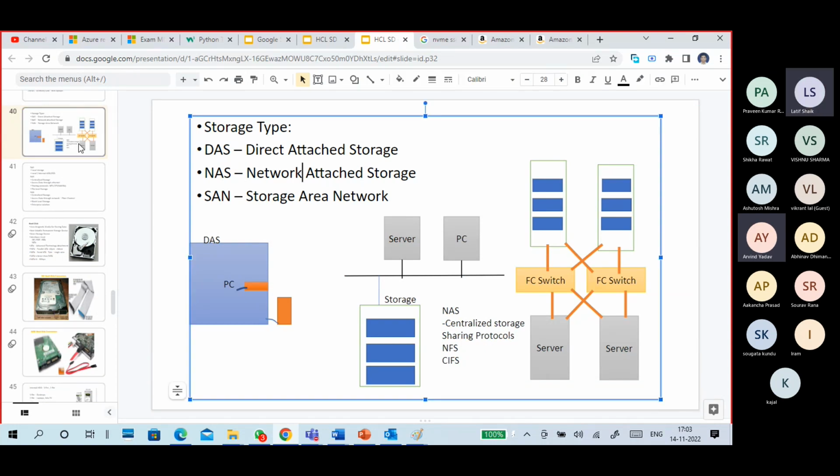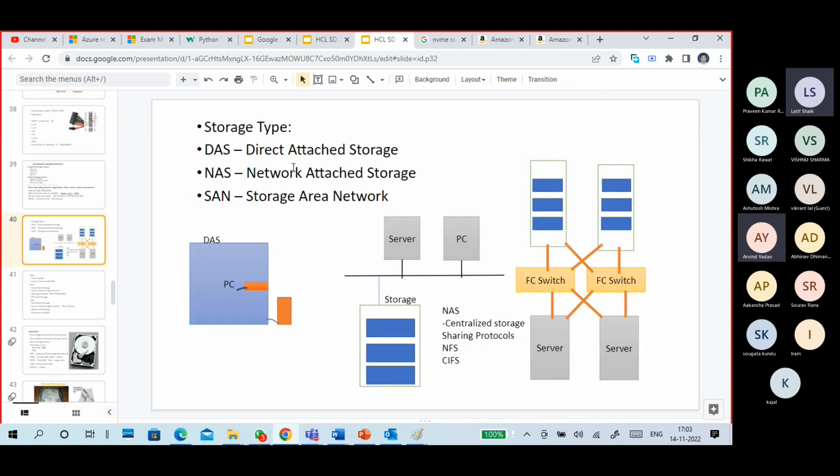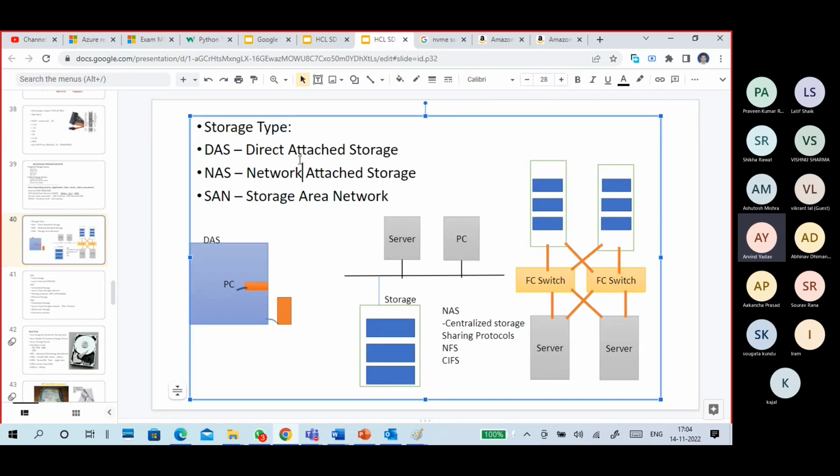See, here it is. In storage, based on the location and access, we divide storage types into DAS, NAS, SAN: direct attached storage, network attached storage, storage area network.